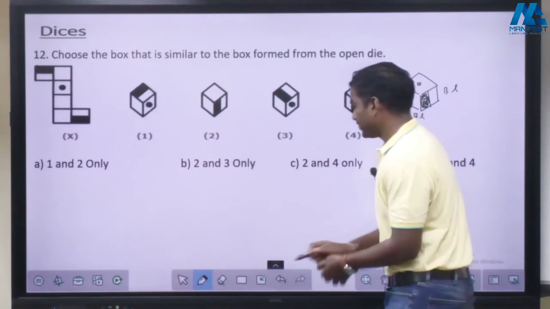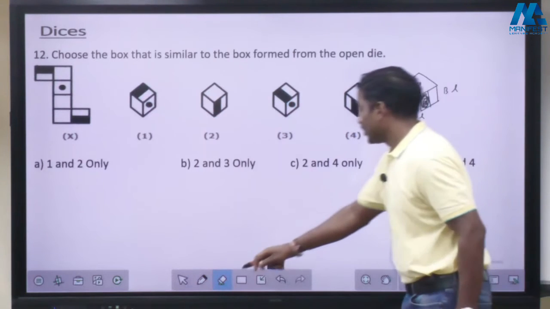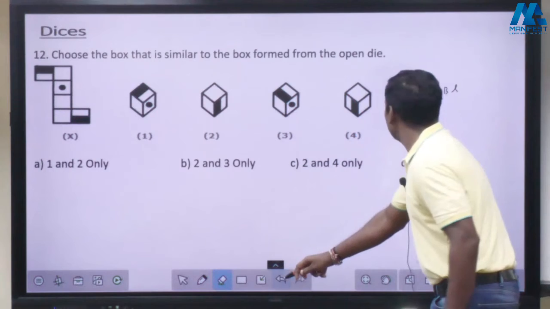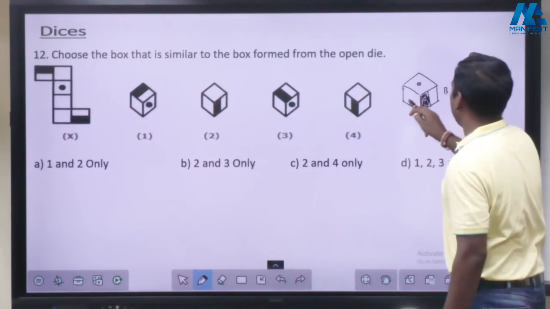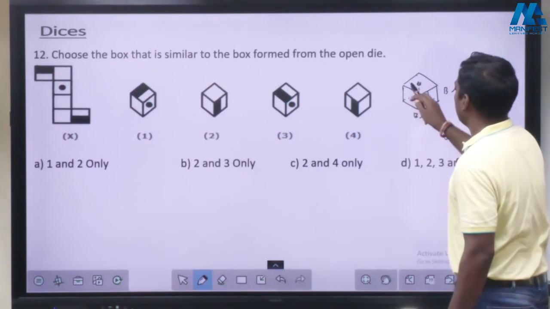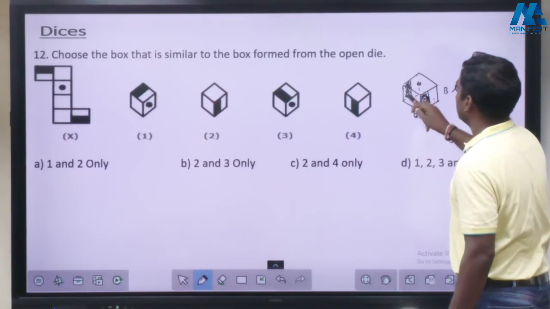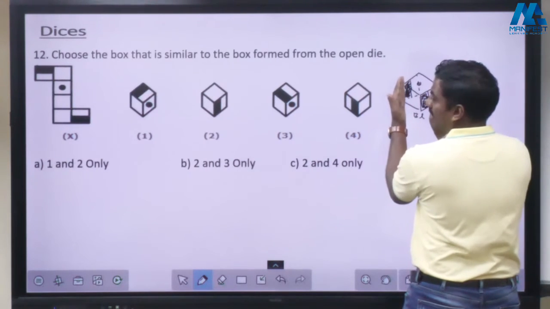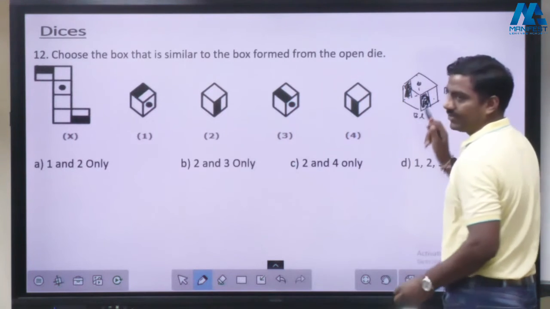That means if you see from the back, this strip will be shaded like this. So when you see the two strips, basically two blacks will be on your side or two whites will be on your side.